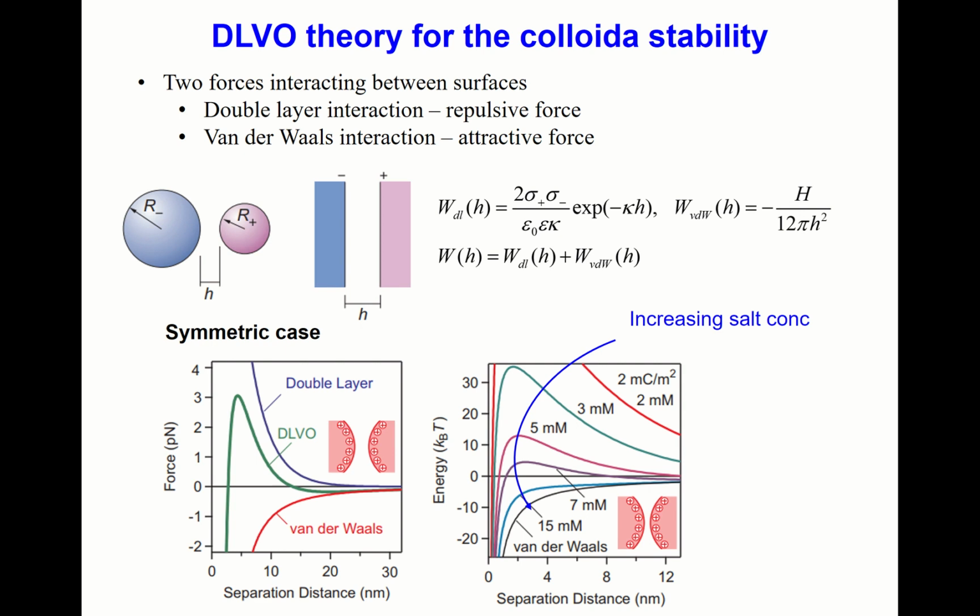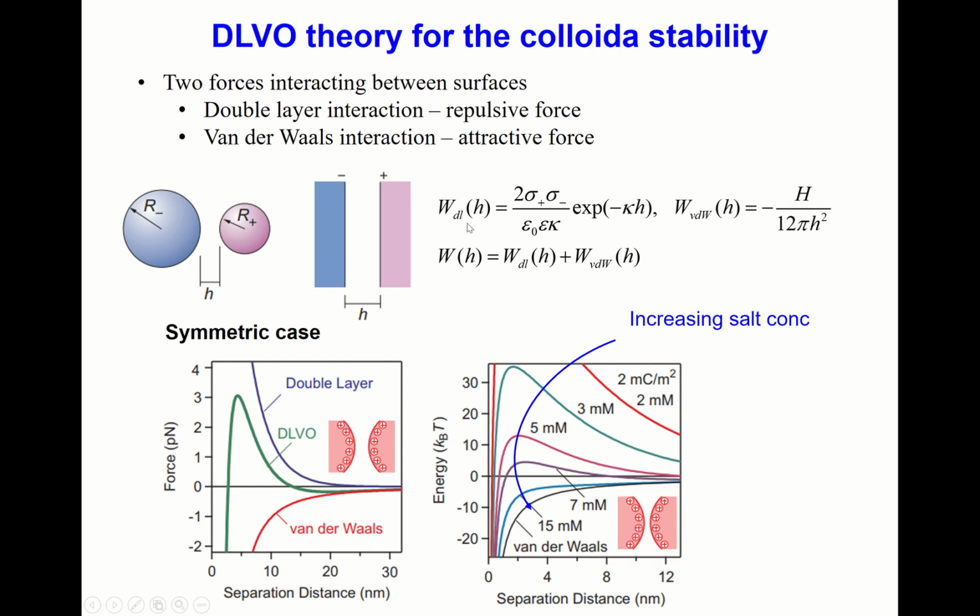When they are oppositely charged, there is attraction. If they are similarly charged, negative negative or positive positive, there is a repulsive force. Yeah, this is a general concept. This principle applies to these spherical particles, or to these two flat surfaces. This is called double layer interaction.